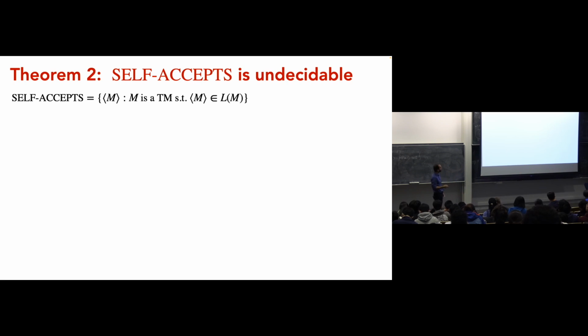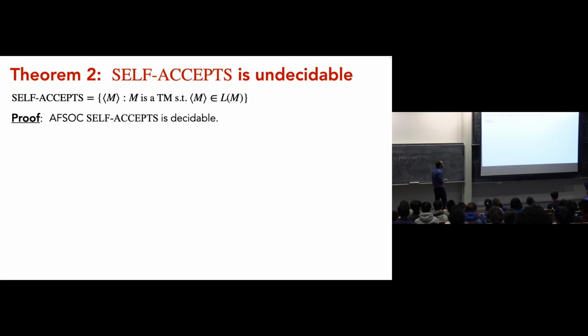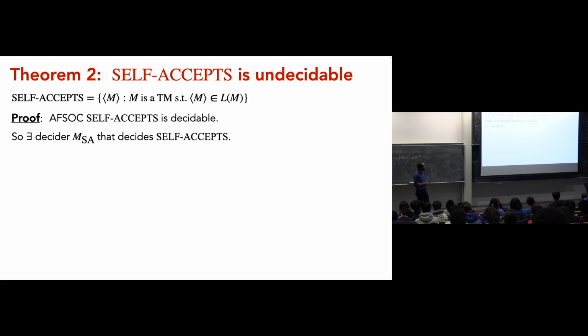You can view it as a proof by contradiction if you want. So here's self-accepts one more time. M is a Turing machine such that M of M accepts. The proof goes by contradiction. Assume for the sake of contradiction that self-accepts is decidable. Then there exists a decider, let's call it M sub SA, that decides self-accepts.